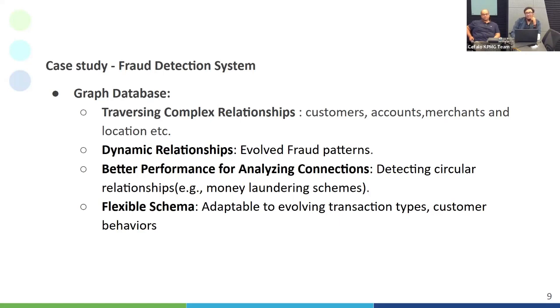Also for circular relationships, like money laundering schemes where money is transferred between several nodes in the same system, basically creating a circular loop, those circular loop patterns can be easily detected via the graph system. And as I said, the schema is very flexible according to different transaction types or behaviors. We can change our schema easily.